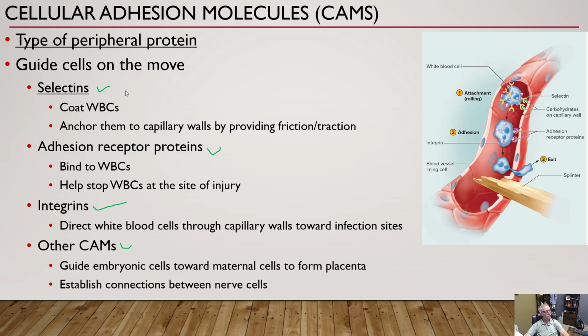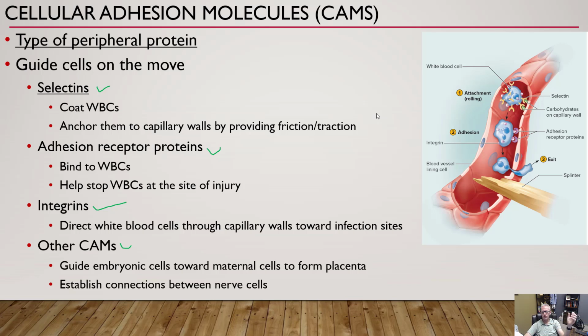But let's say that you get a little splinter in your finger. So what would happen is your white blood cells, we actually call those leukocytes, are already present in your bloodstream, and they're going to be the ones to fight off the infection. We'll talk about that next semester.